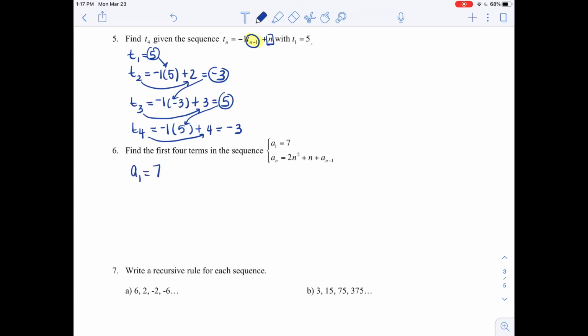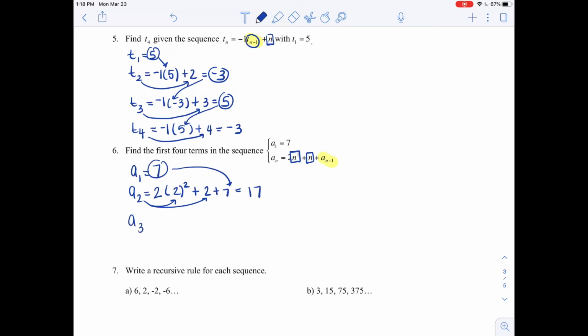So for the last one, number 6 says a sub 1 equals 7. This question says, do 2 times whatever term you're up to squared plus whatever term you're up to added to the previous term. So for my second term, I'm doing 2 times whatever term I'm up to squared plus whatever term I'm up to plus my previous term.